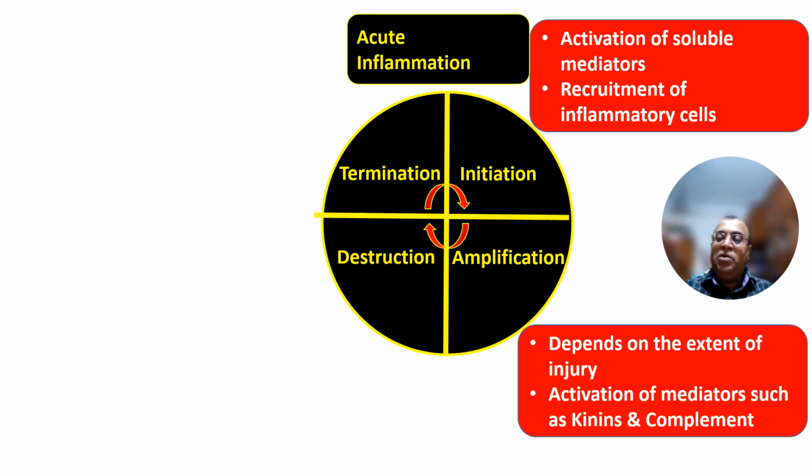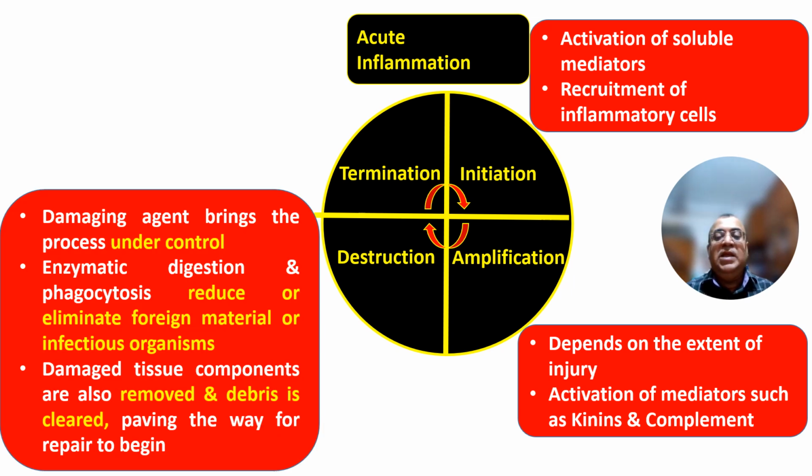Depending on the extent of the injury, the process is amplified by the activation of mediators such as kinins and complement system proteins. Then the offending agent is destroyed, and the purpose of this destruction is to bring the process under control.